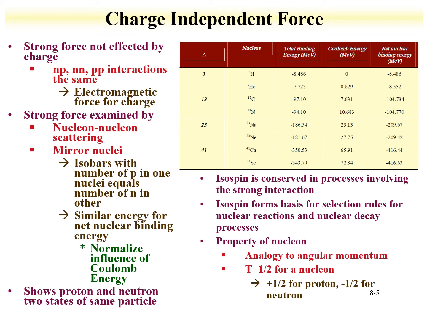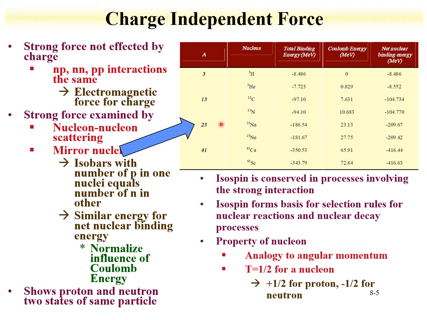So somehow, in order to evaluate a charge-independent force, one must remove the Coulomb repulsion from any energy calculations. This can be done by looking at nucleon-nucleon scattering or by mirror nuclei. And here's an example of some mirror nuclei, and these mirror nuclei are isobars with the number of protons in one nucleus equal to the number of neutrons in another.